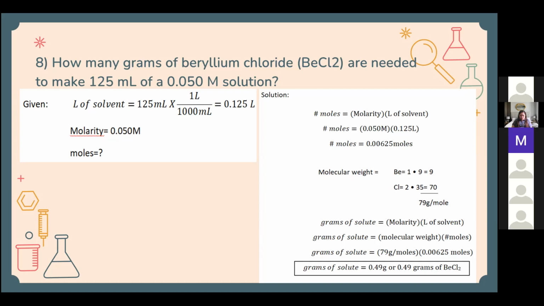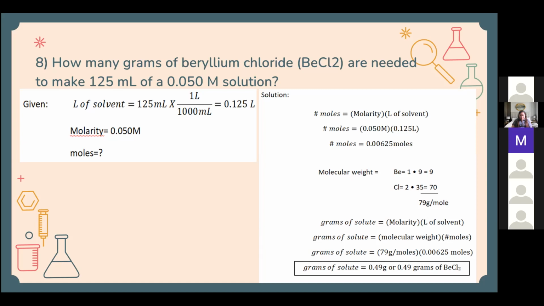Here it is converted to liters. So 125 mL times 1 liter divided by 1,000 mL is equal to 0.125 liters. And then the next given is the molarity, which is 0.050 M.